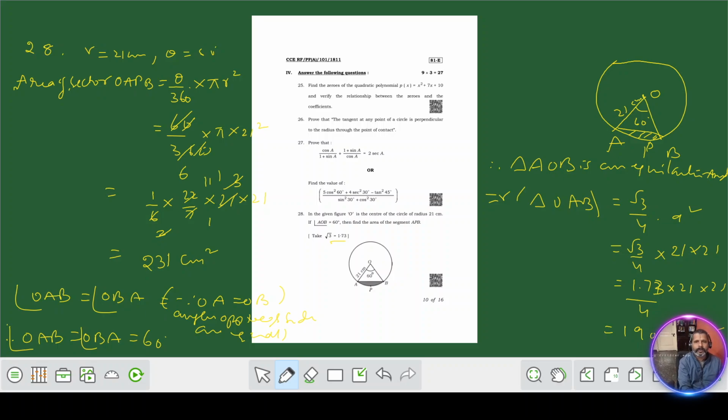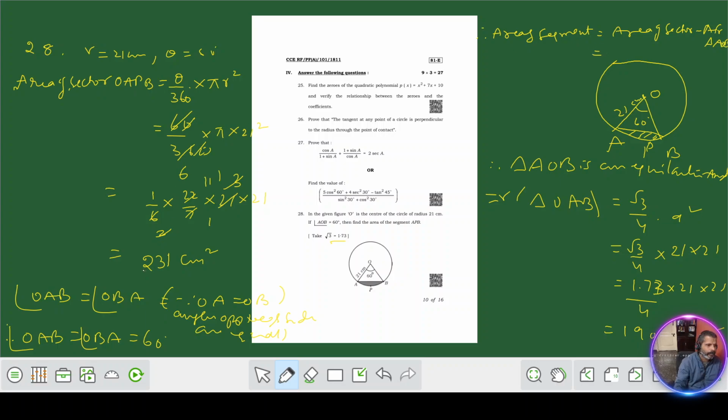So what is required now? Area of segment. So we write after that. Therefore, area of segment is equal to area of sector minus area of triangle AOB.